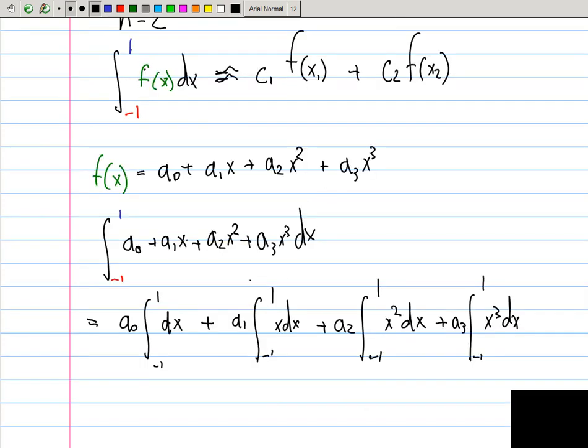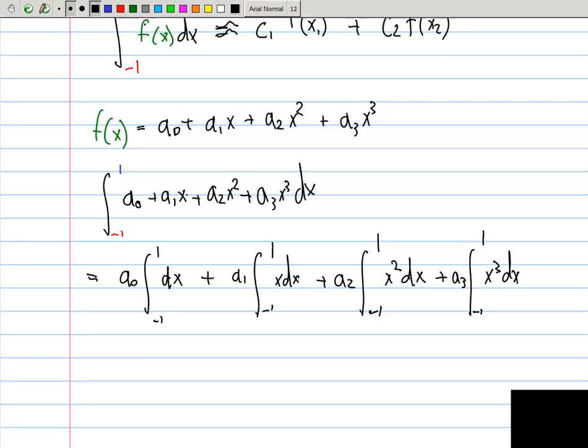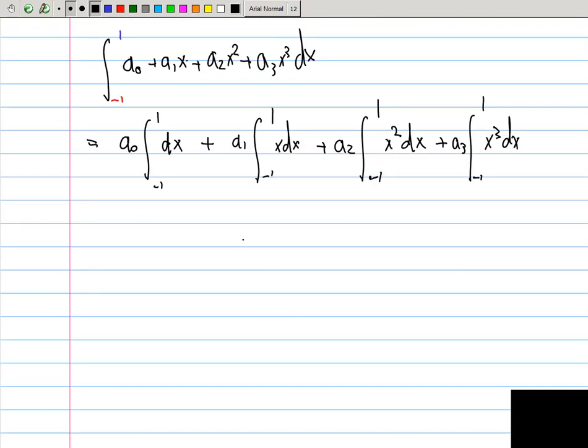So what we can then state because of that is we can start subdividing these up. We can go c1 of 1, if we're looking at just this term over here, c1 of 1 plus c2 of 1 is equal to integral -1 to 1 of 1 dx.